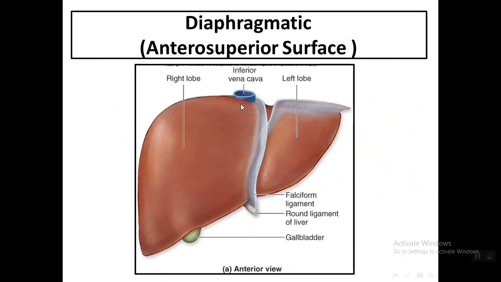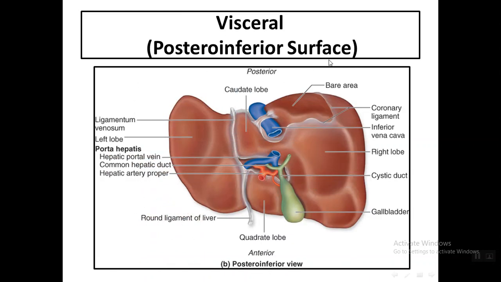This is the diaphragmatic surface, or the anterior superior surface. Because it is related to the diaphragm, it has nearly no impression, while the visceral or posterior inferior surface has impressions for the viscera that lie nearby.